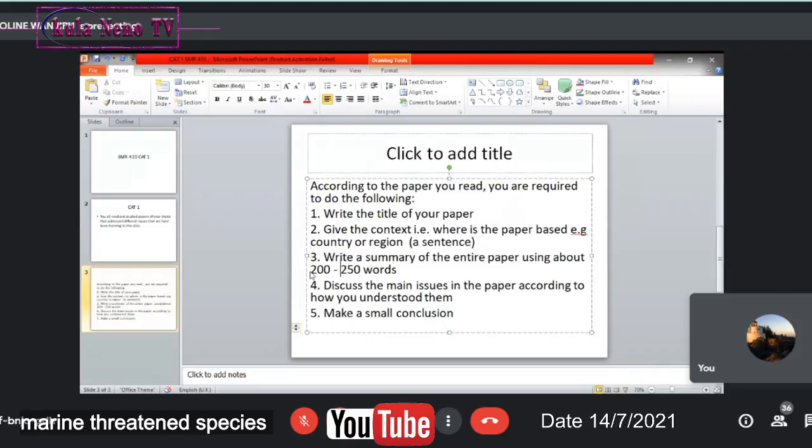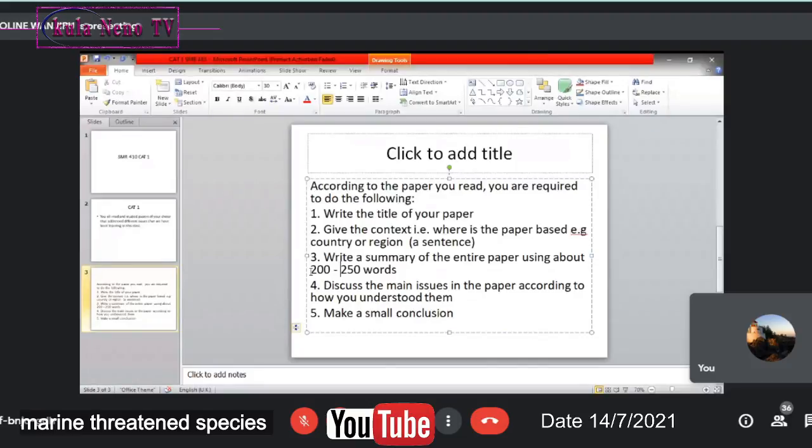If you don't know how to count the words, there's a way of counting them. If you go down on your left side, you can know the number of words you have written. So don't go beyond 250 words. A summary means from the beginning to the middle to the end of the paper, what is the paper talking about?